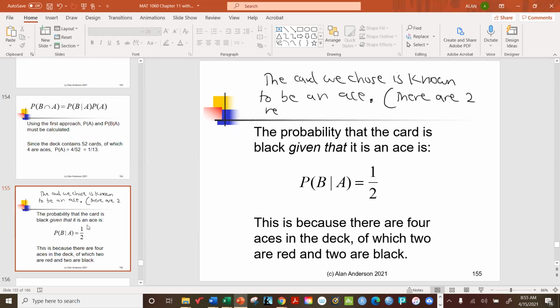There are 2 red aces, 2 black aces. So therefore, if I see that I have 4 aces in front of me, I know that 2 of the 4 are black. And therefore, the probability is 2/4 or 1/2.